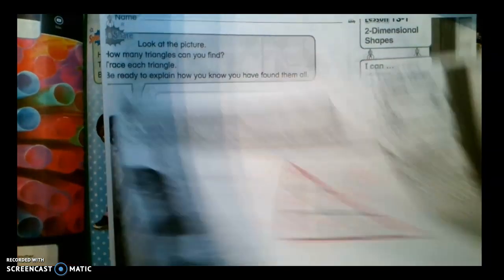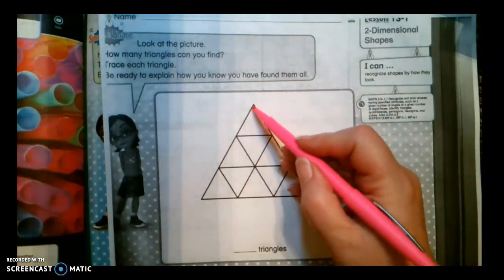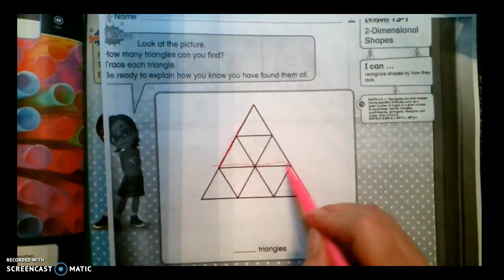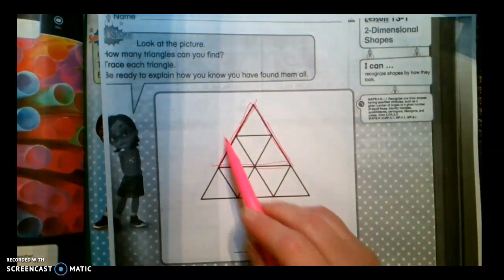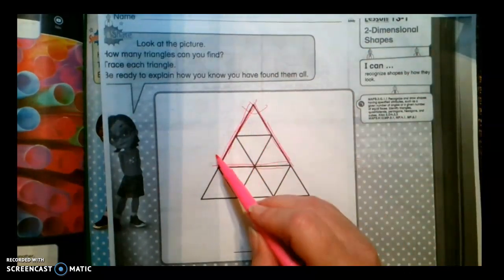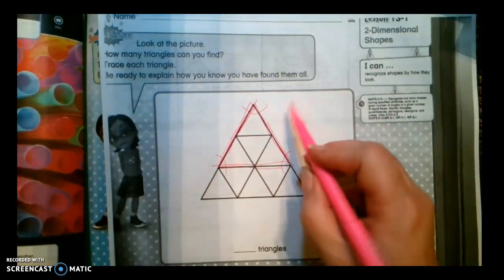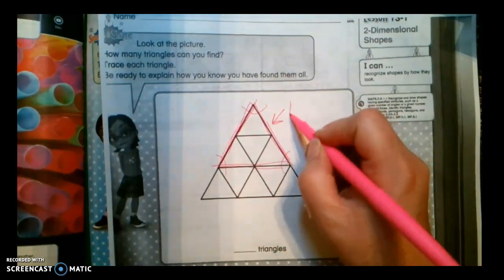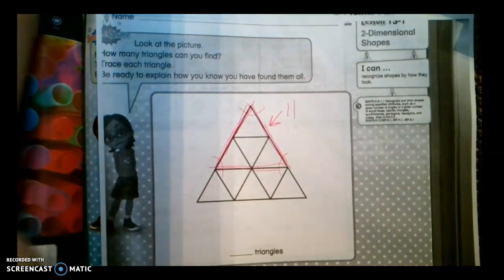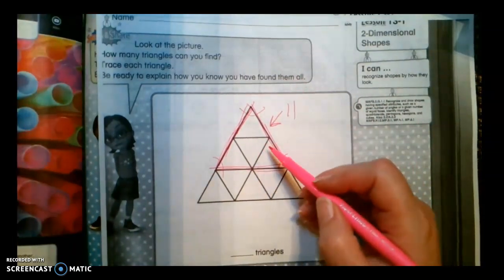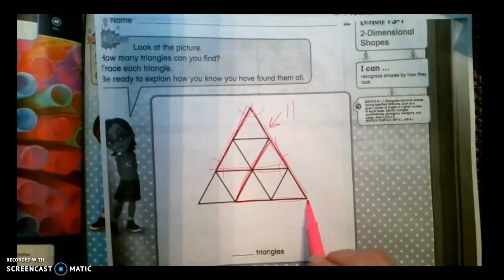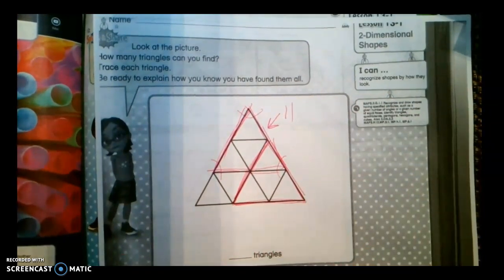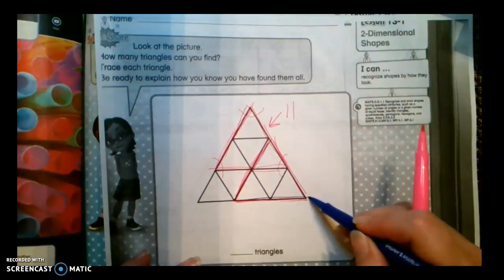But I want you to notice something else. What happens if I do this? Look, 1, 2, 3 sides, 1, 2, 3 vertices. Oh, so that's triangle number 11. And then we have 1, 2, 3 sides here. Let me outline it really quick on something a little bit darker.